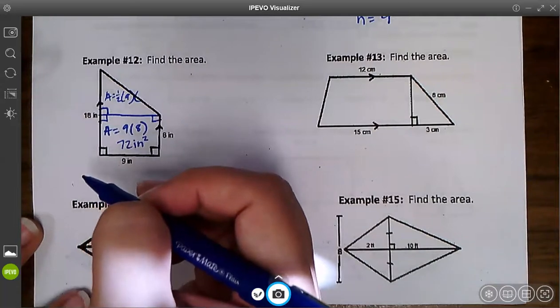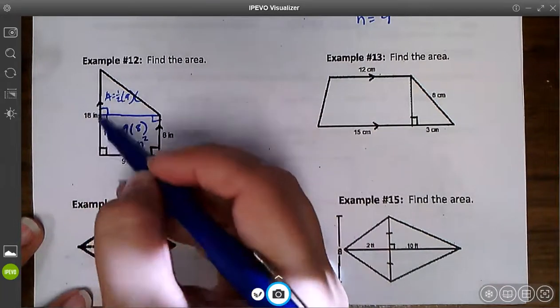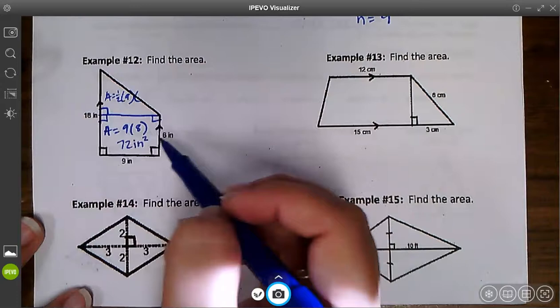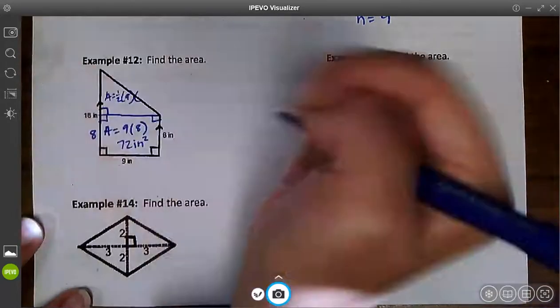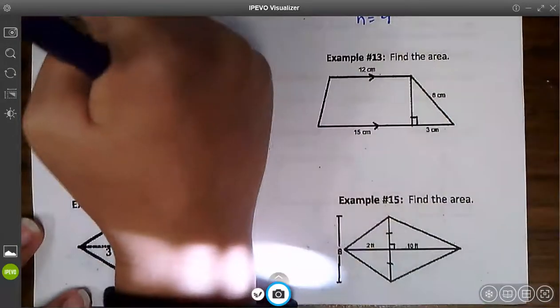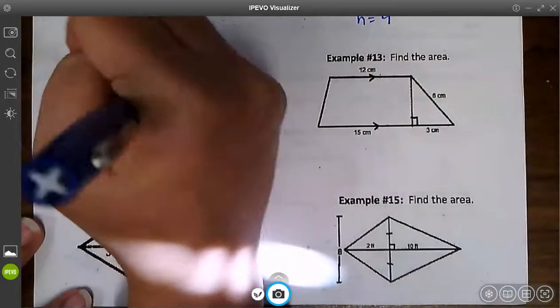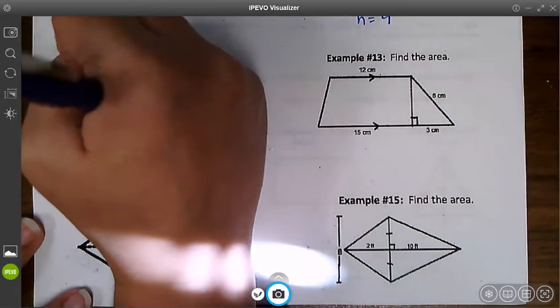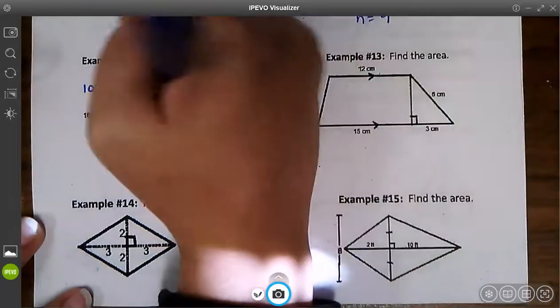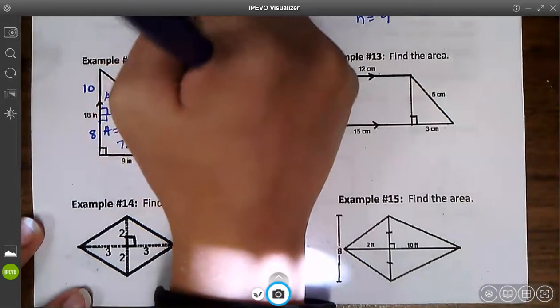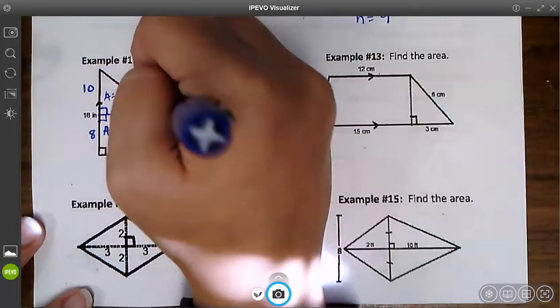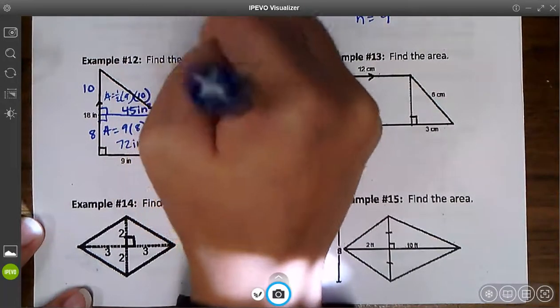It is going to be 18 minus this piece because we already found the area of this guy. So if this is 8, then that makes this height 10. Half of 9 times 10, which is going to be 45. So then we'll add them together. 45 plus 72, which is 117 inches squared.